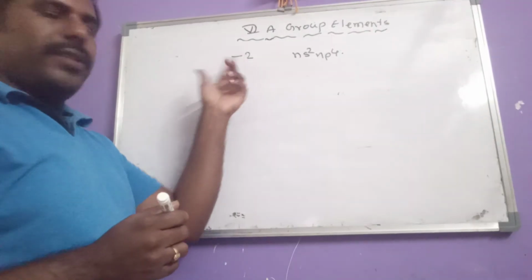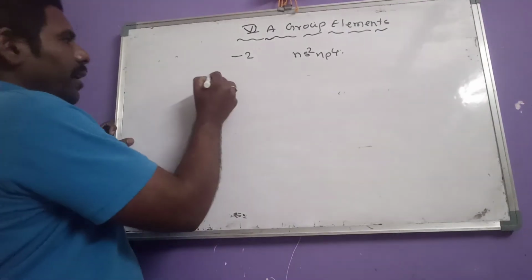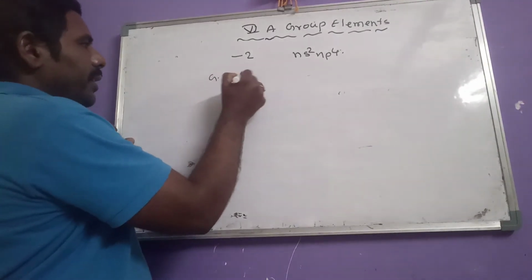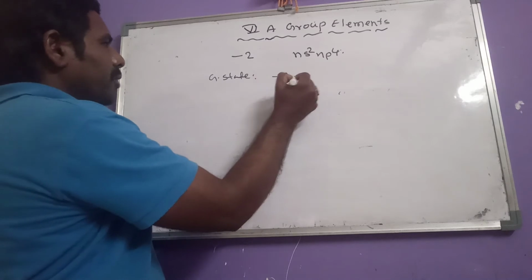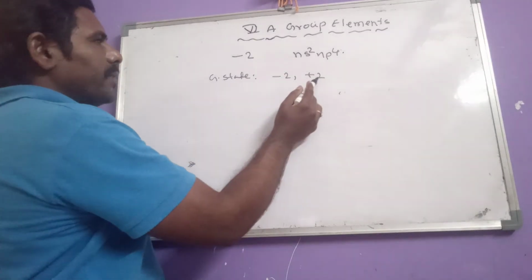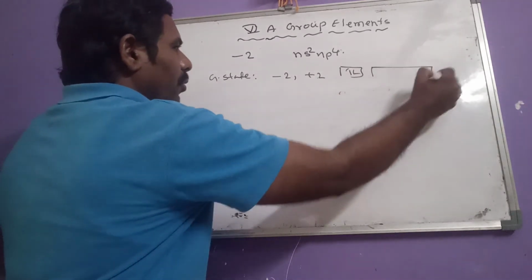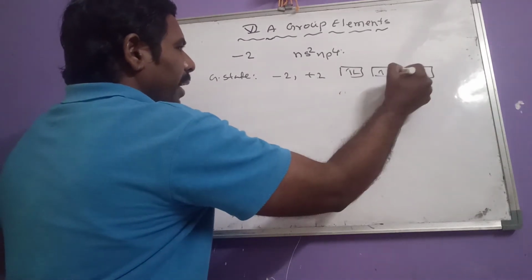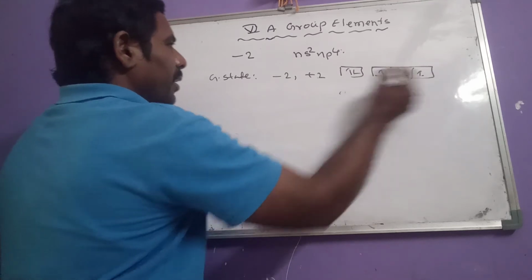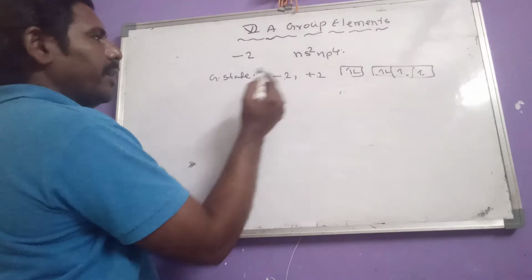So common oxidation state is -2, and in ground state these exhibit -2 and +2 oxidation state due to the presence of 2 unpaired electrons. In ground state they might lose these 2 electrons, so +2, and by gaining 2 electrons they exhibit -2.